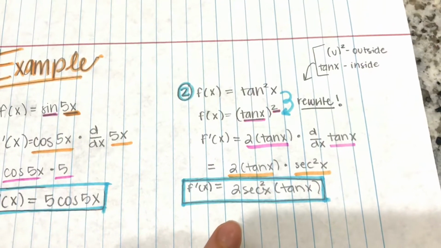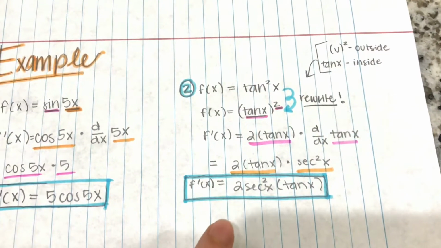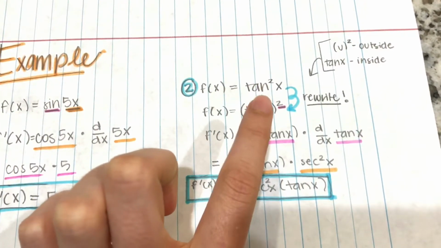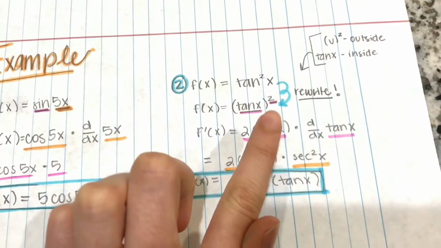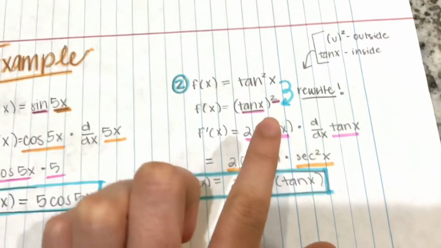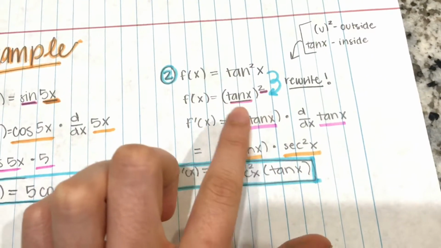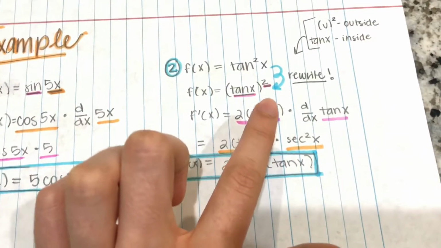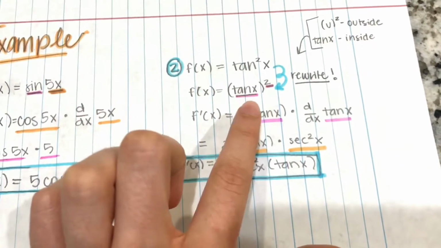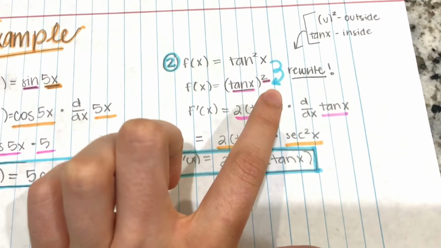Next example is f of x equals tan squared x. On the surface, it looks like tan x could possibly be my outside function, but do not be confused. We need to rewrite this as (tan x) squared. Now it's very obvious what my inside and outside terms are. Tan x is my inside term, u squared is my outside term.